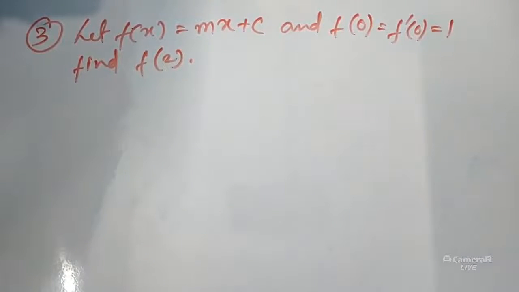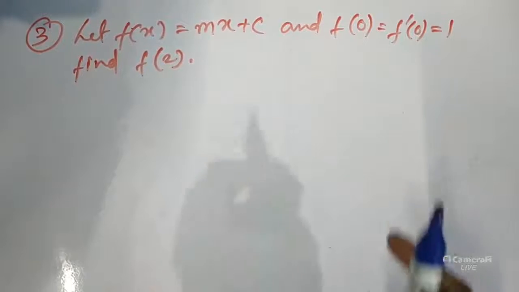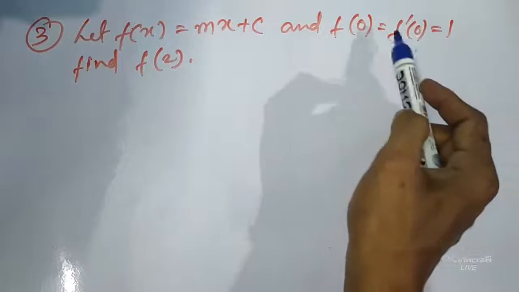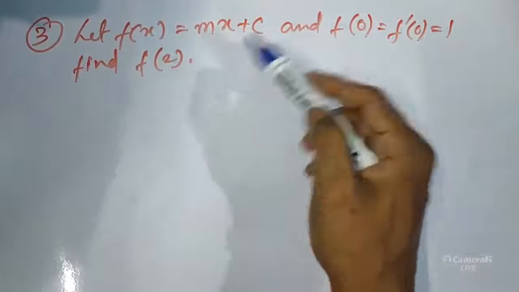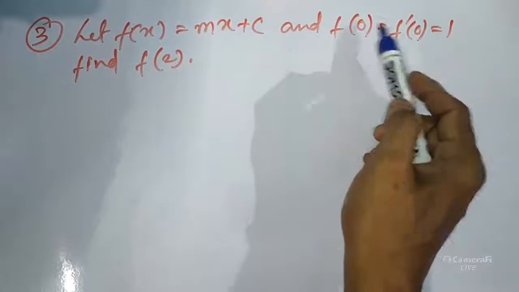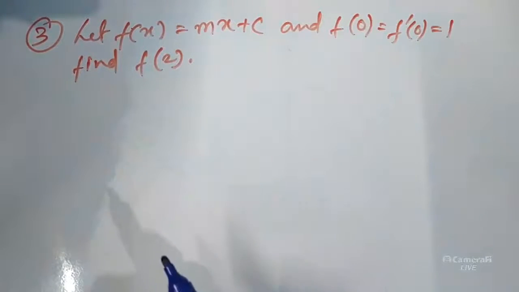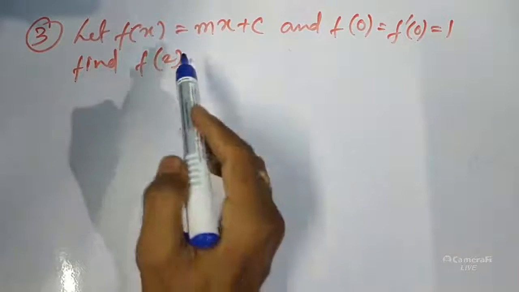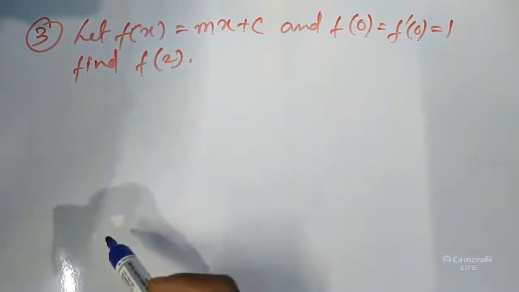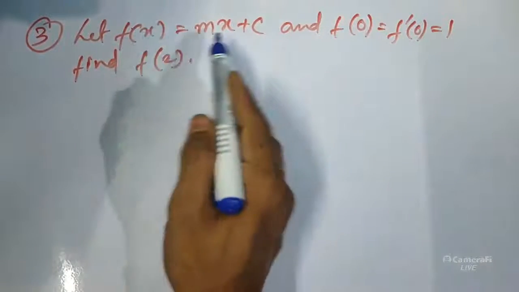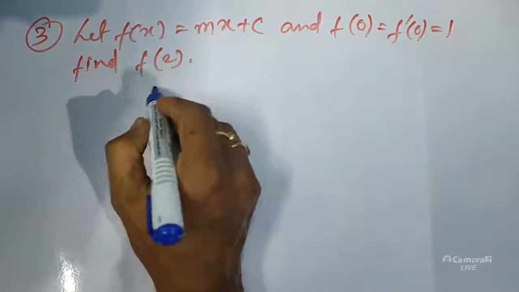Now how to solve this type of question? Here the derivative is also given as 1 at the point x equals 0, and the functional value is also given as 1. You have to find the functional value at a different point. The function is given: f(x) equals mx plus c.